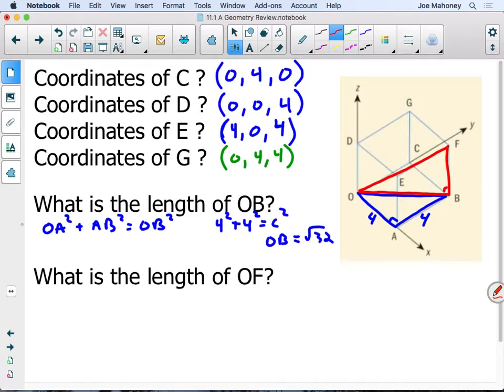So if we wanted to do the Pythagorean theorem again, we could say that the square of OB plus the square of BF is equal to the square of the length of OF, another Pythagorean theorem. And we know OB's length is the square root of 32, so we can do this. BF has a length of 4.